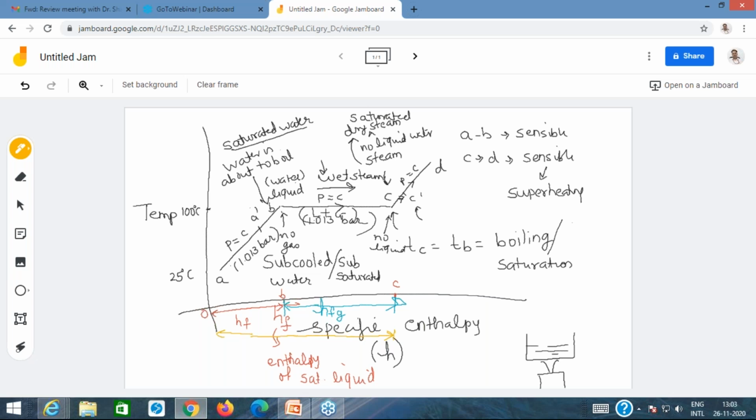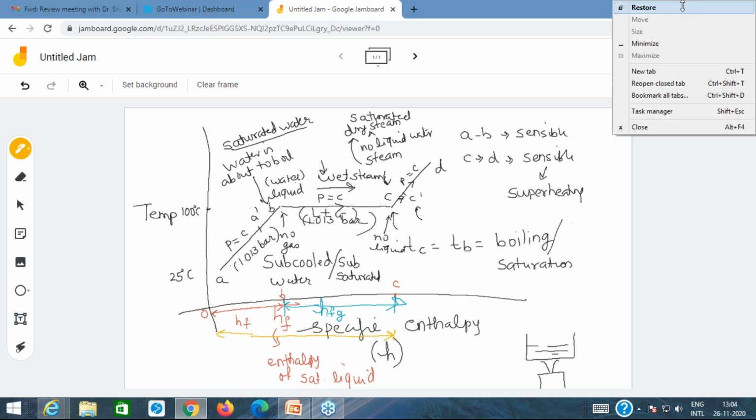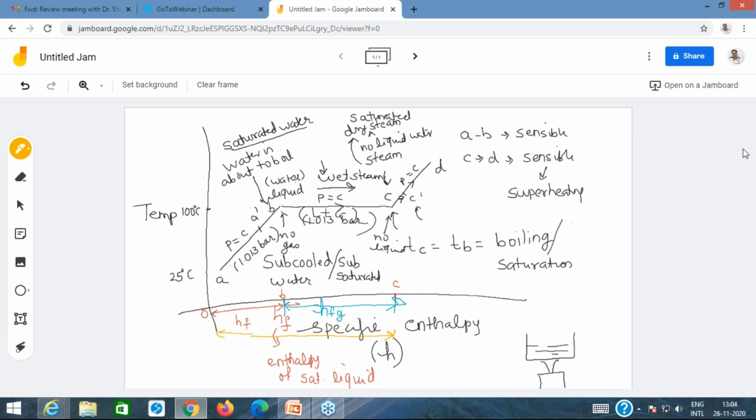HF is the enthalpy of saturated water. HFG is the latent heat of vaporization. On my diagram, what is HC? That is from the origin up to C. What is that value?